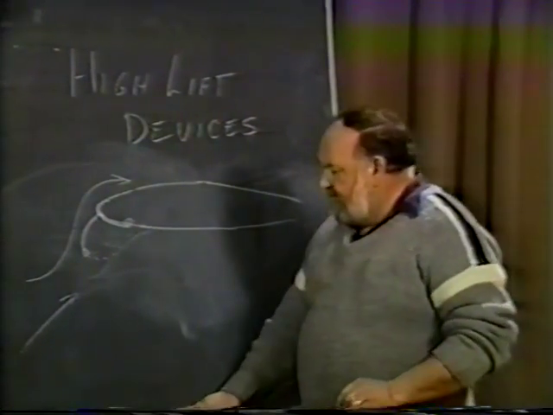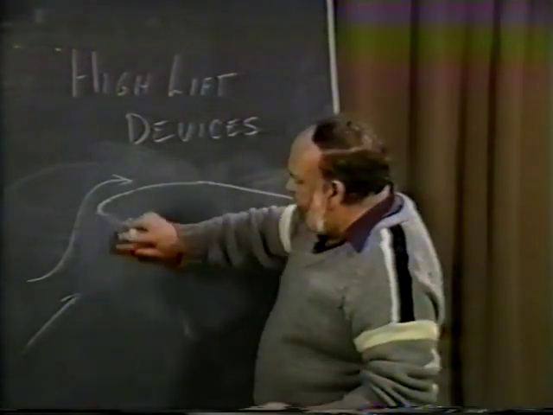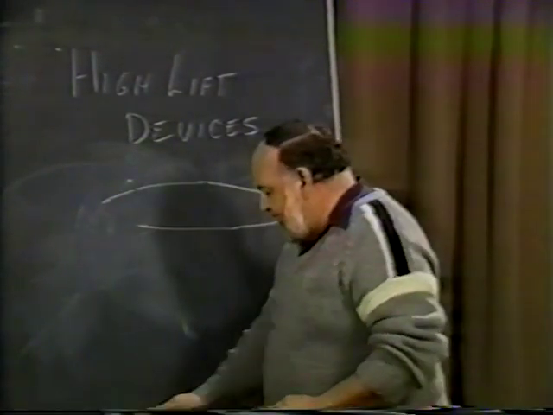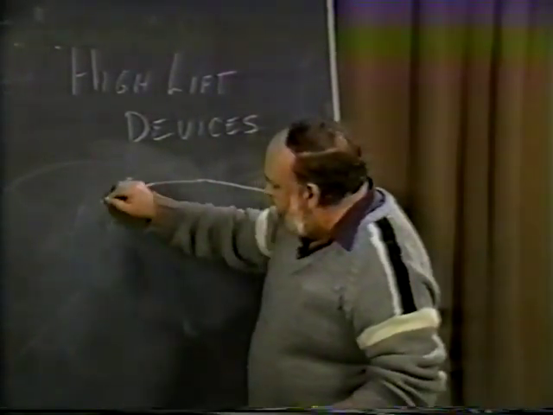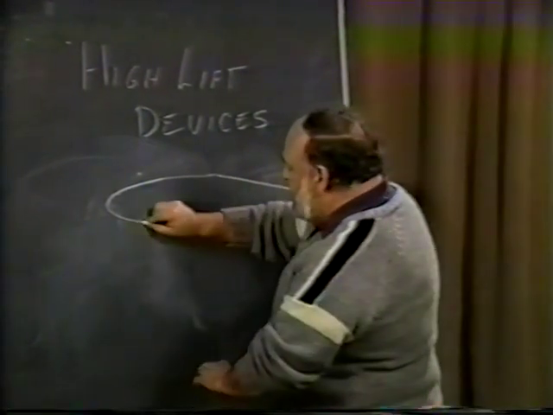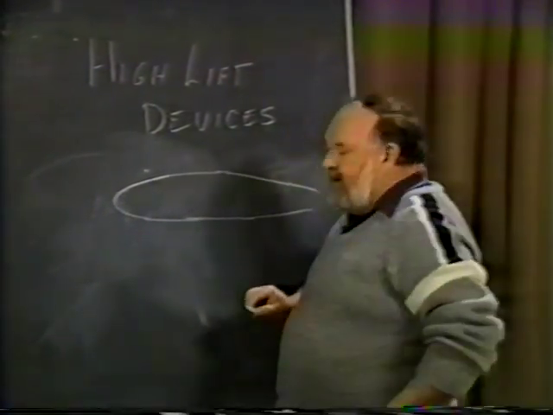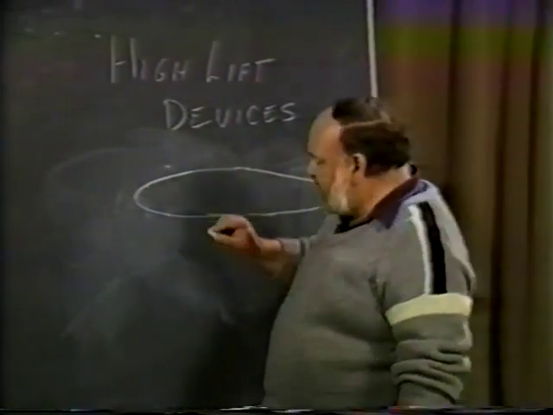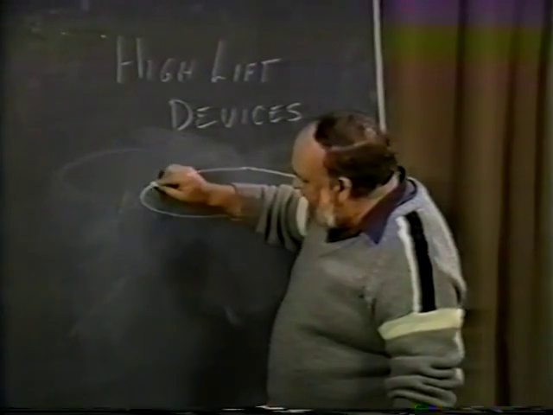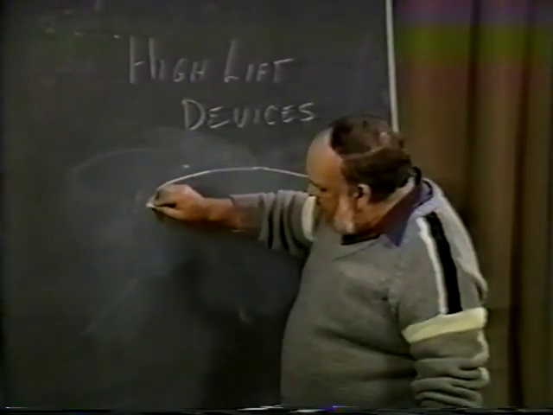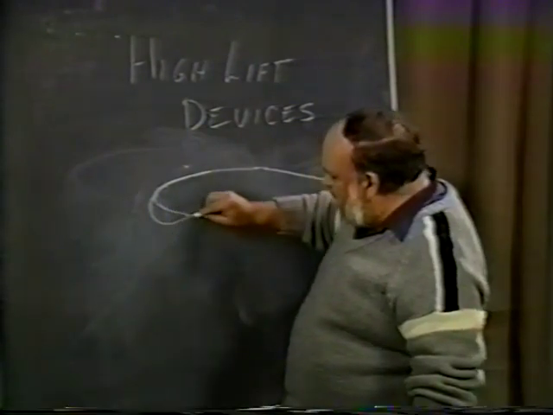Another type of leading edge device, which isn't really used too much, but has some real potential, I think, is essentially an expanded leading edge. I think it was B.F. Goodrich developed one, and I'm sure others have too, where basically you can have a rubber boot on here that comes around and is then inflated to expand and bulge.